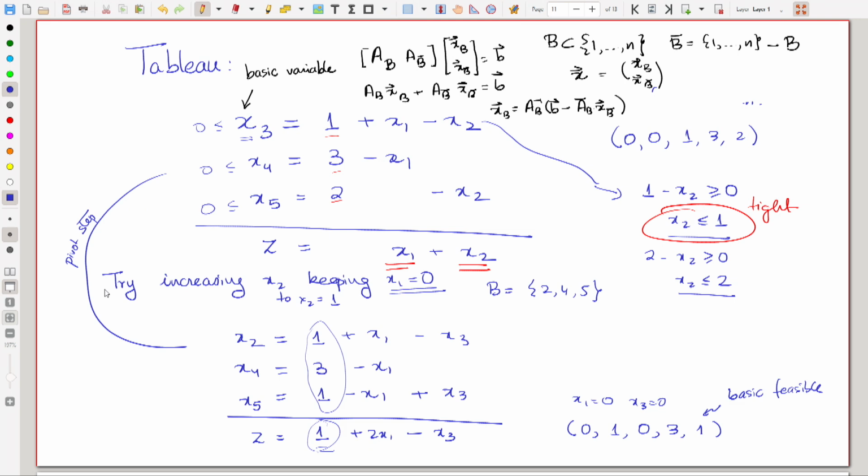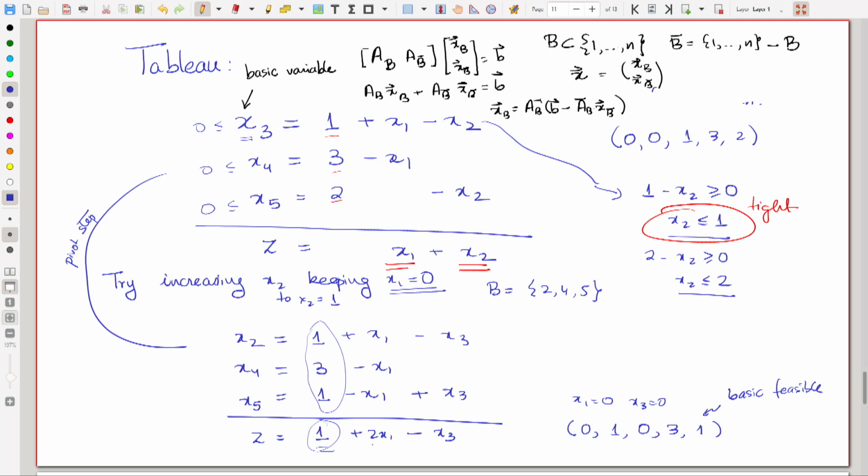The important thing about implementing the simplex method algorithm is to choose your pivot rules. There are many different pivot rules. One is, for example, you look for the variables with the largest coefficient.